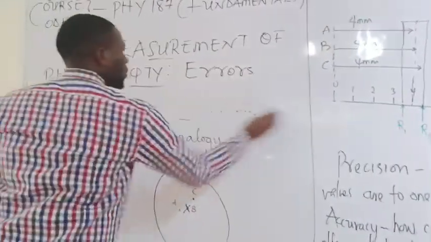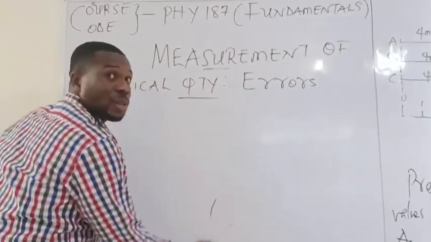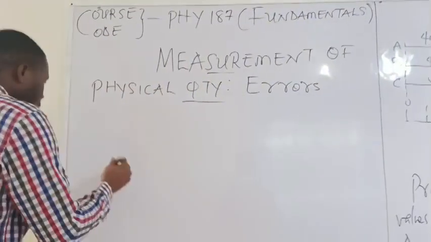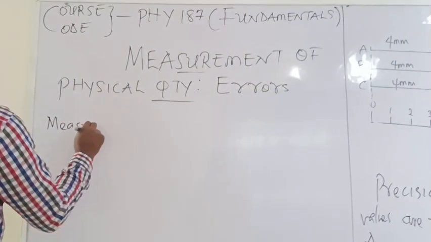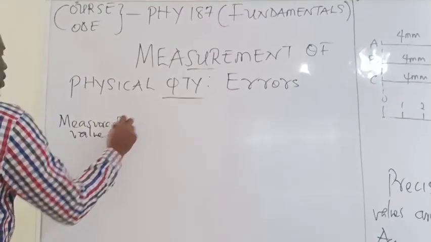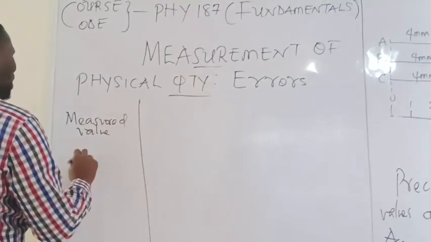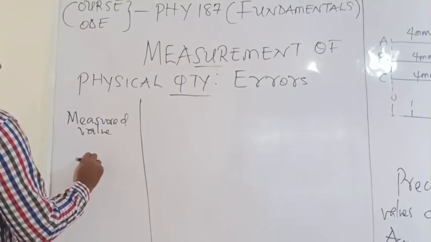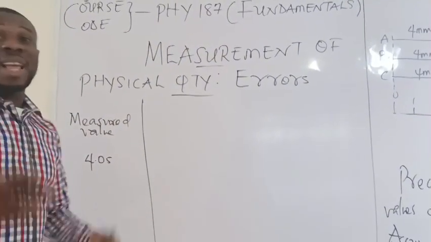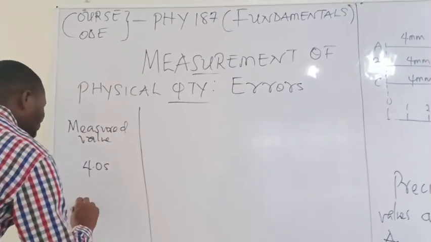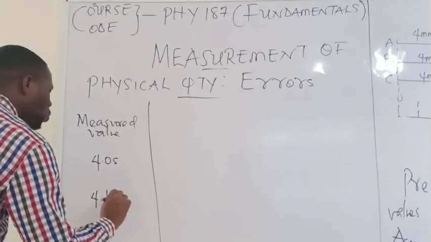Alright, now take for instance that time was measured with a stopwatch. So this is the measured value for time. The person who measured discovered, let's say, it was 4.0 seconds. And the second person used, let's say, an electric counter and figured out that the same value is 4.12 seconds.